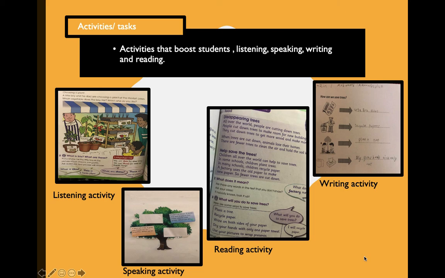And finally, in the writing activity, there are some pictures to help them get ideas about how we can save trees. So students wrote ideas about it.